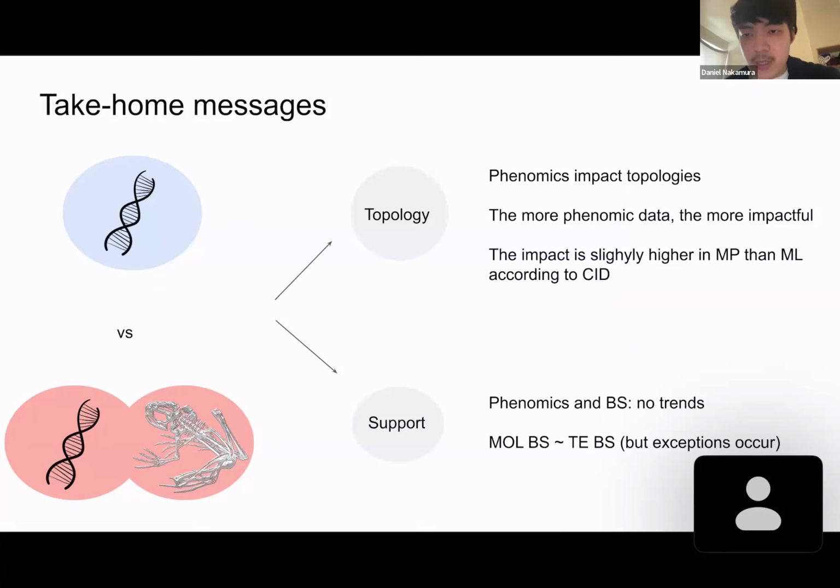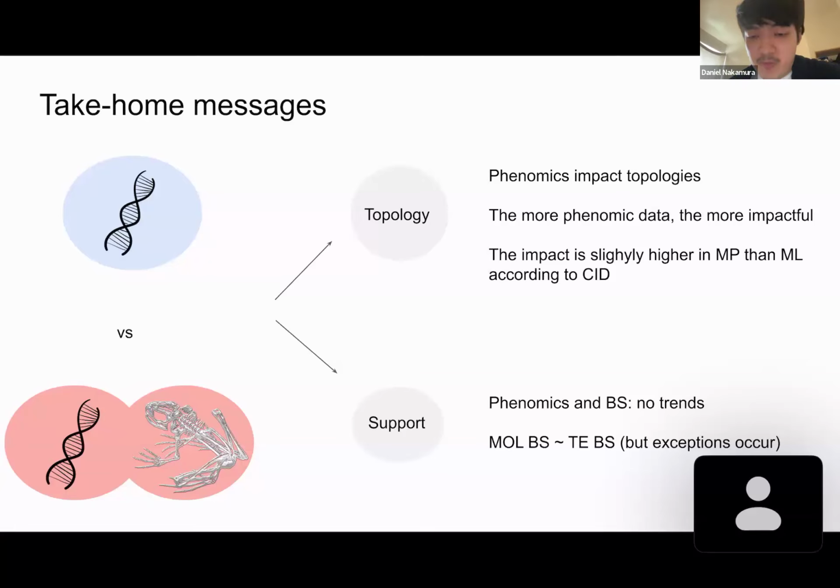In topology, phenomic data impacts the trees, and the more phenomic data you have, the more impactful. And the impact is slightly higher in parsimony than likelihood, according to one of the topological metrics, the cluster information distance. Regarding the impact on support, we have support values slightly higher in total evidence parsimony analysis than molecular parsimony analysis, but the p-values are very close to 0.05.